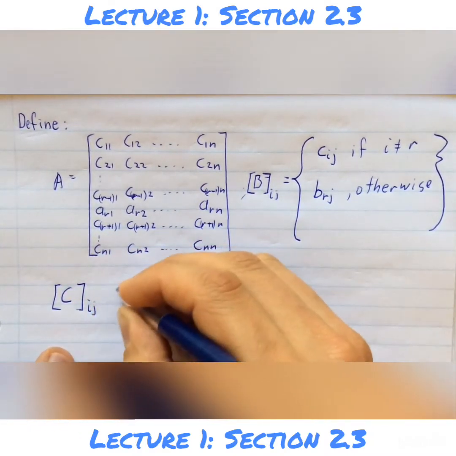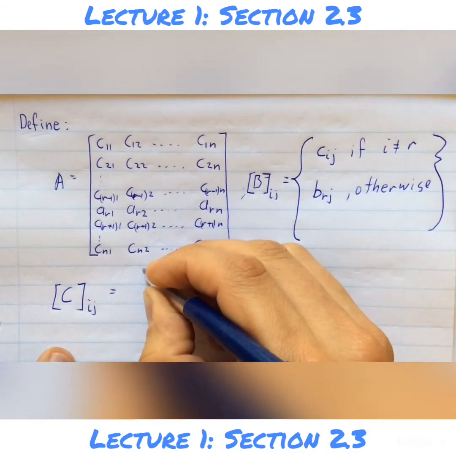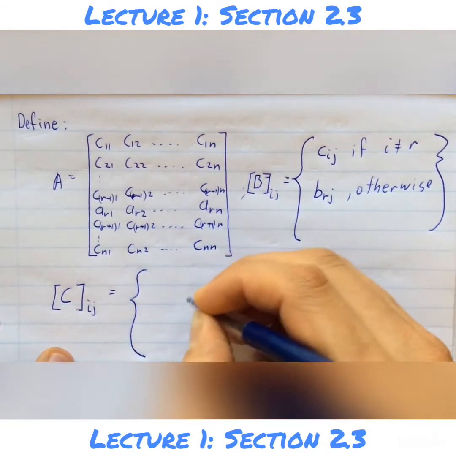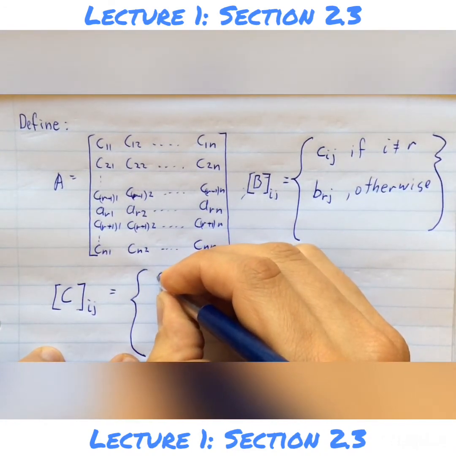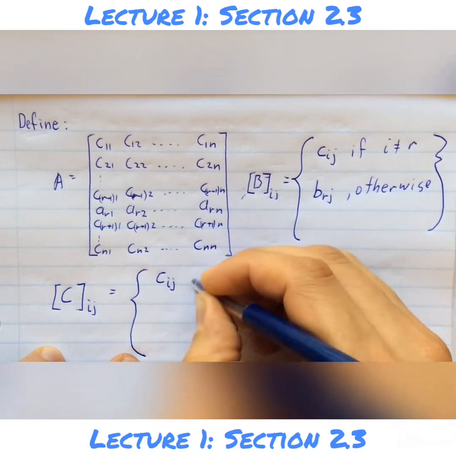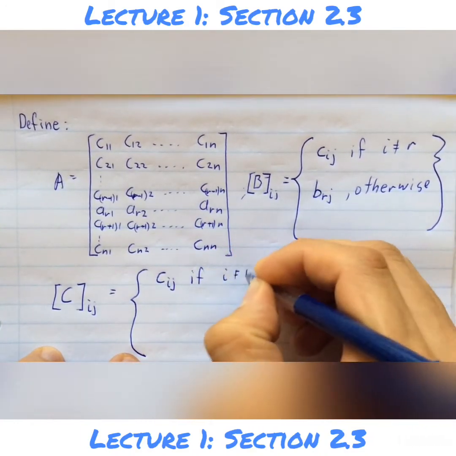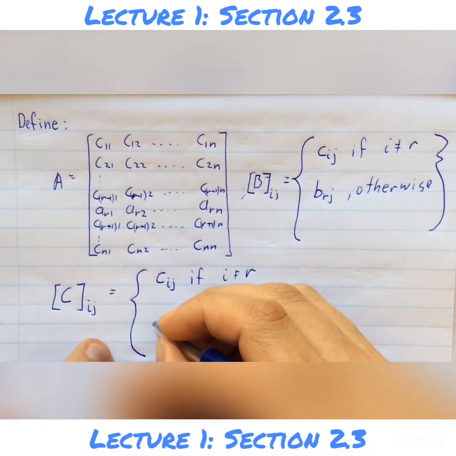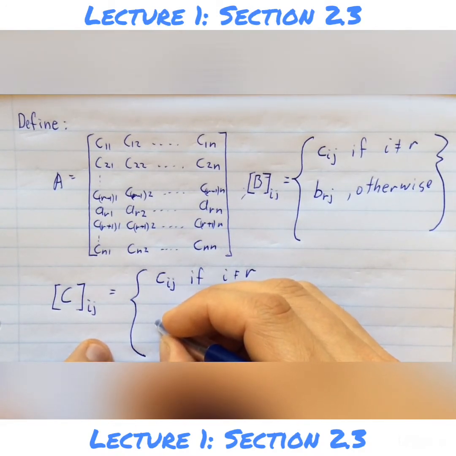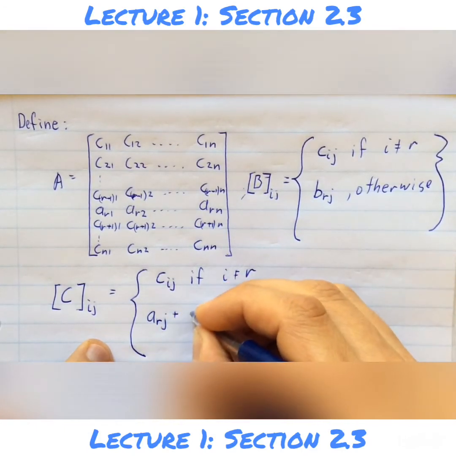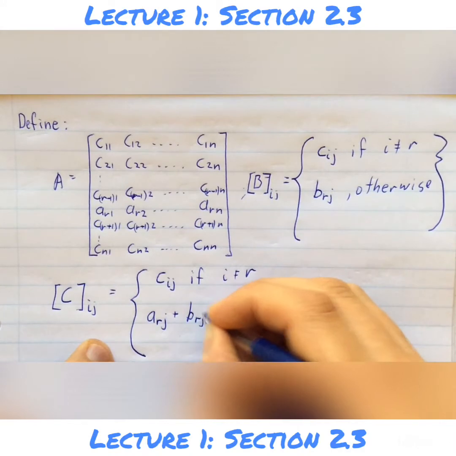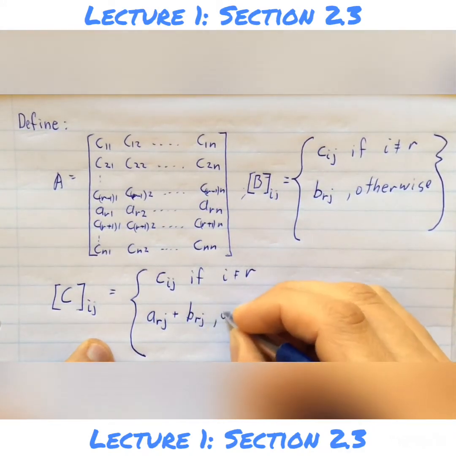The entry in the ith row and the jth column of C is, again, the same as A and B whenever we're not looking at the rth row, so it's going to be Cij if i is not equal to r, and it's going to be the sum of the rth row of A and the rth row of B, so that's going to be A rj plus B rj otherwise.